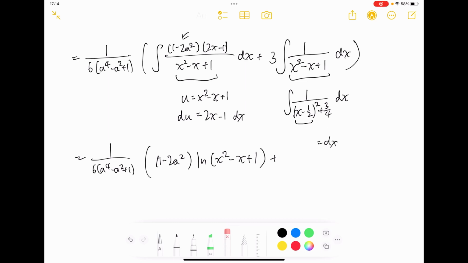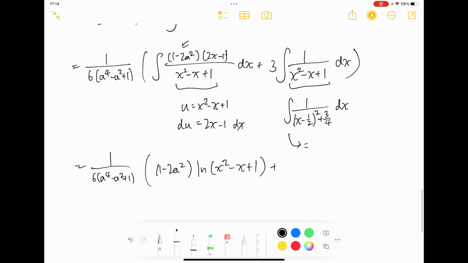So all we have to do is write this in its inverse tangent form, which is equal to, because root 3 over 4 is, well, root 3 over 2 squared, right? This is going to be 2 over root 3. Remember 1 over mu, because this is our mu right now.